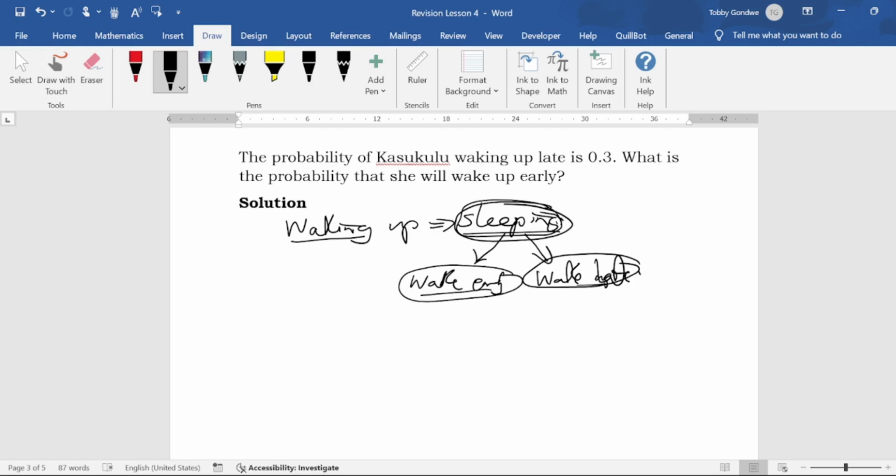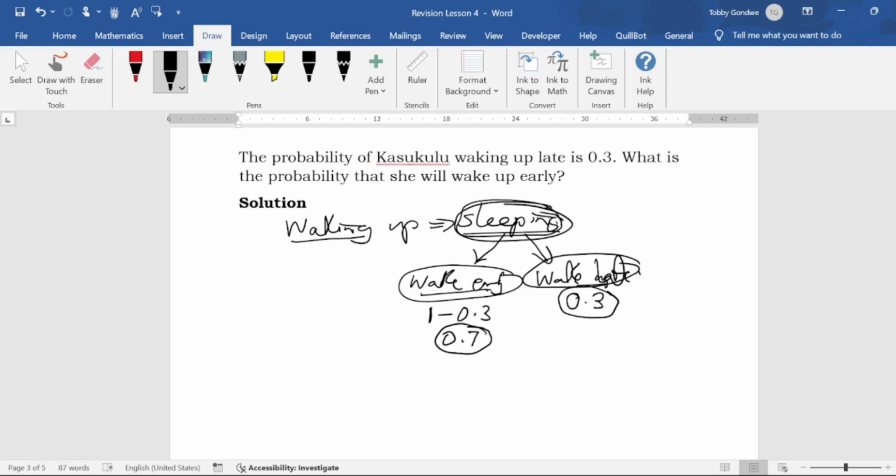And then we are told that if she wakes up late, the probability is 0.3. But since these are mutually exclusive, to find the probability of waking up early, it is 1 minus 0.3, which gives us 0.7. That's the probability of waking up early, and this is the probability of waking up late.